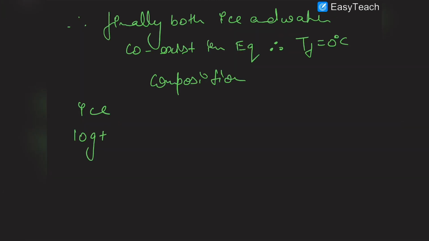So this is 3 upon 8 grams, and the water would be 2 minus 3 by 8 grams. So this is the final composition, and this is the final temperature.